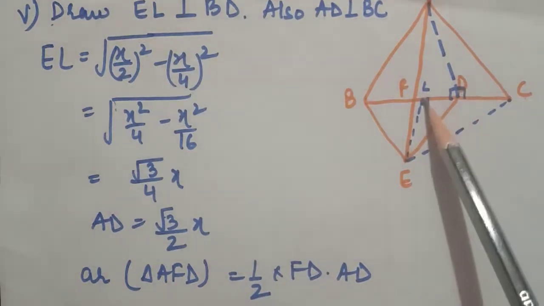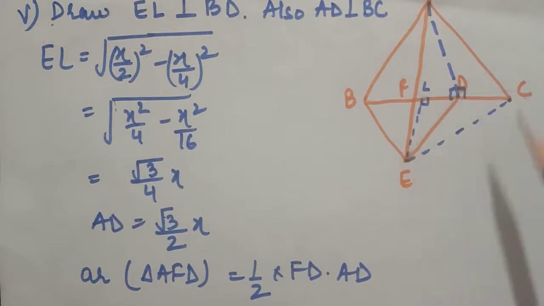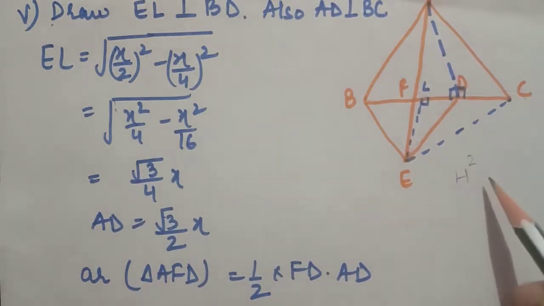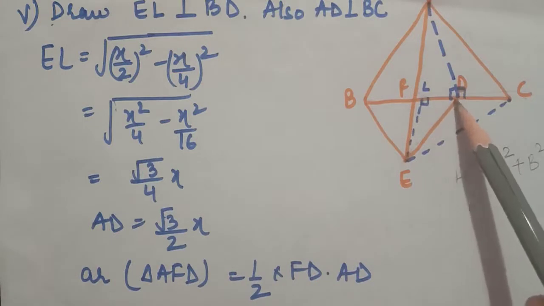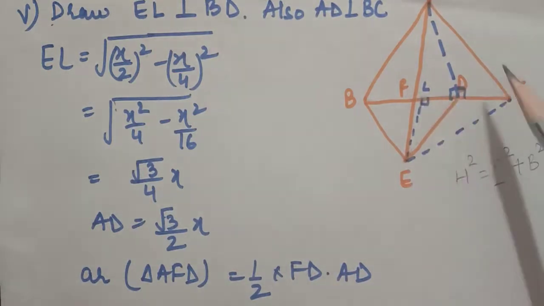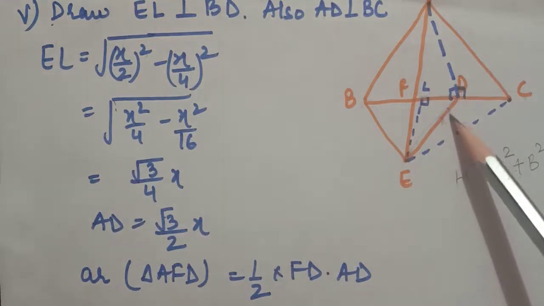So students, in this triangle we have to apply the Pythagoras theorem. First of all, we want the perpendicular. We know the Pythagoras theorem is hypotenuse square equals perpendicular square plus base square. So definitely we want the perpendicular, and we have the hypotenuse as well as the base. This is the side of this triangle, whose value, we know it very well, is x by 2.